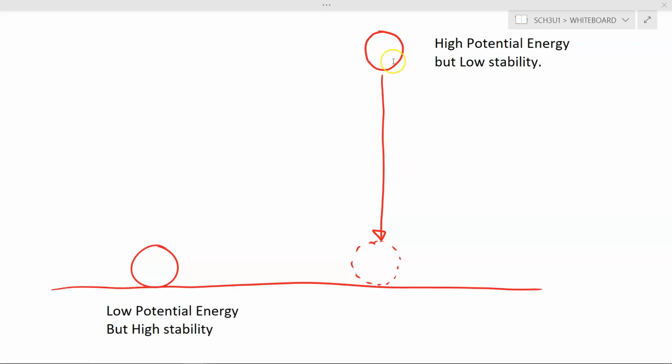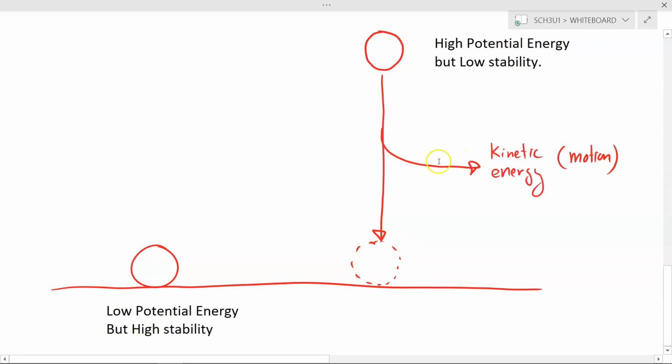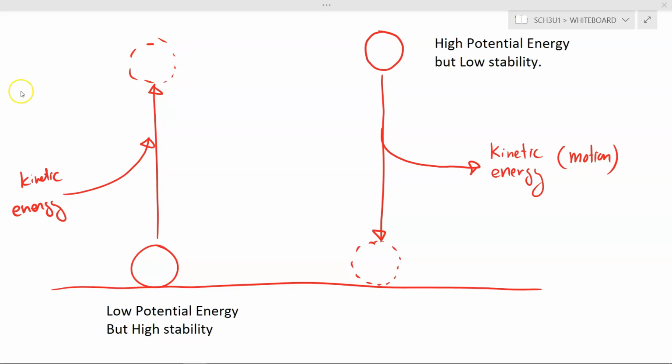So as this bowling ball drops to a lower and lower potential energy state, it's bleeding off energy in the form of kinetic energy, or the energy of motion. Alright, so in order to become stable, I have to lose energy. Well, the opposite is true. In order to become unstable, I have to give it energy. In this case, I'm giving it kinetic energy, the energy of motion, to lift the bowling ball up into an unstable state.